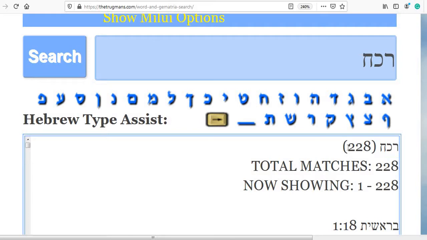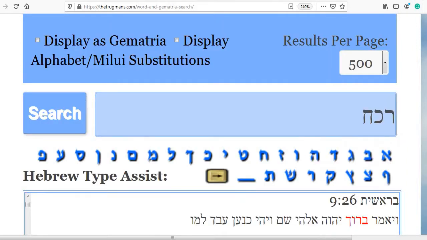It's the only example in the 5 books where the gematria, the number value of the word, this number value 228, can be found exactly 228 times. It's the only example I've ever found where the two match in the Torah. I have found it one other time in the Tanakh, the entire Hebrew Bible, but you can see that this is an interesting value, statistically and in gematria.